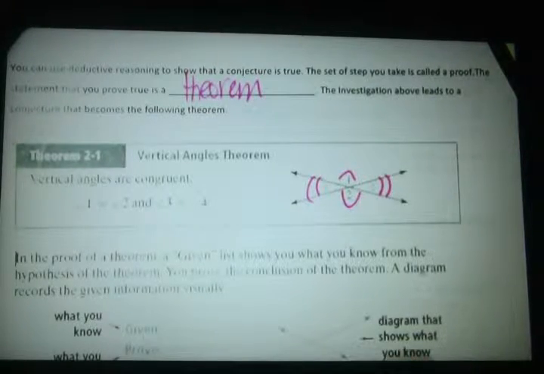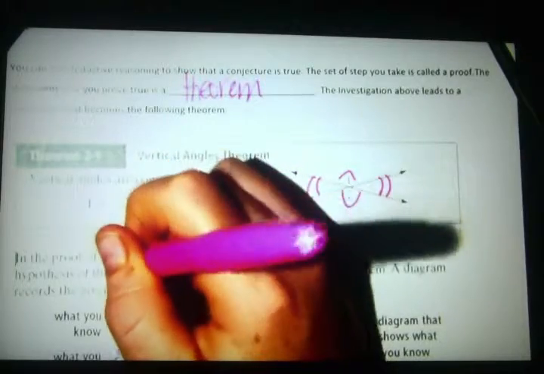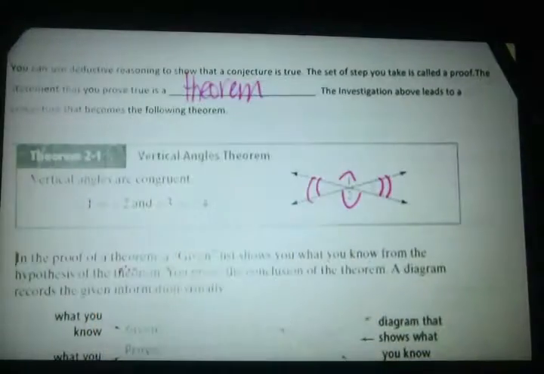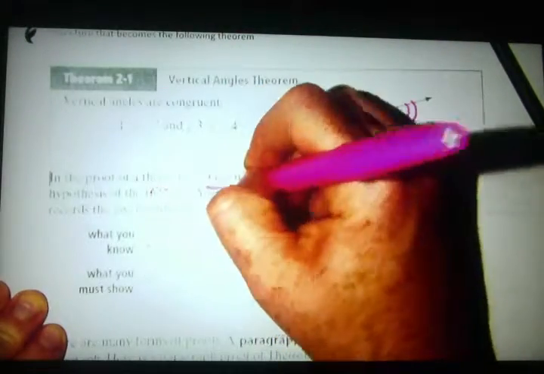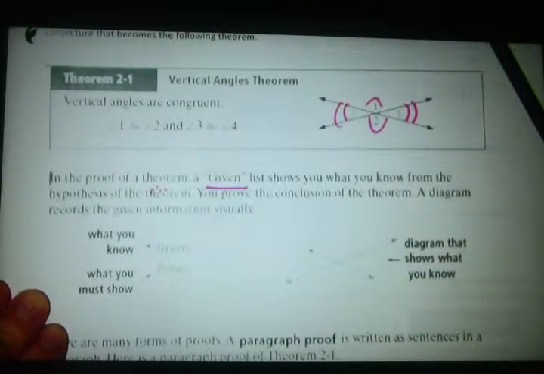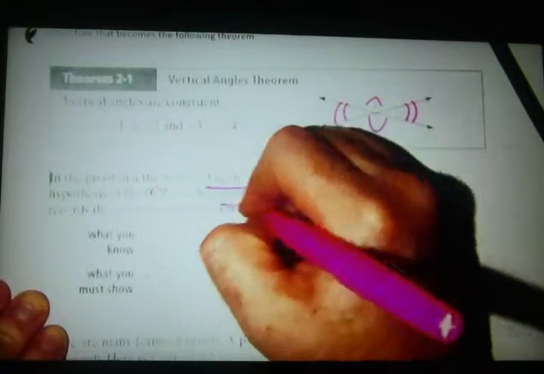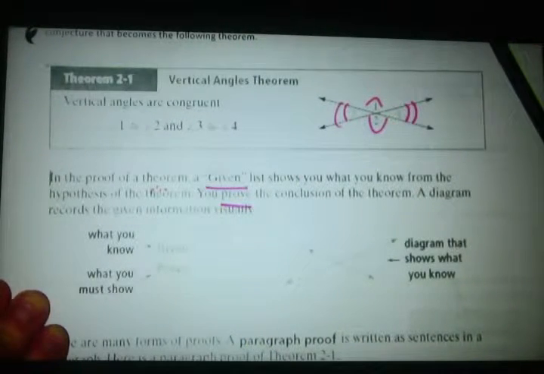So let's look here. We're going to prove this theorem. In the proof of a theorem, you're given a list that shows you what you know from the hypothesis of the theorem. Then you prove the conclusion of the theorem.